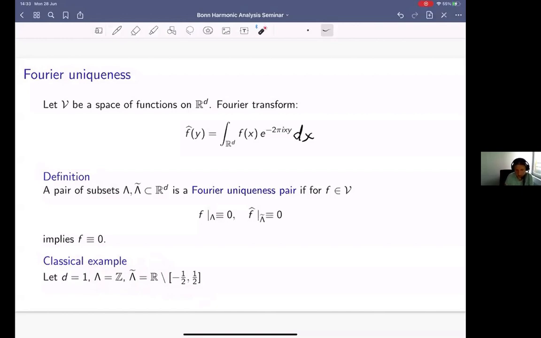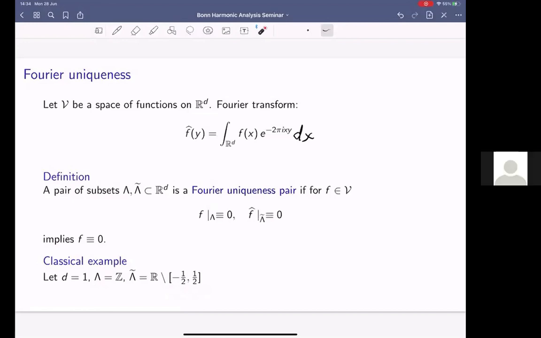This is the classical Shannon-Whittaker interpolation formula, and different variations of this formula. They tell us that if our function is in a class which is nice enough, and if the function vanishes on all integers, and its Fourier transform vanishes outside of the interval minus 1/2 to 1/2, then the function has to be 0.